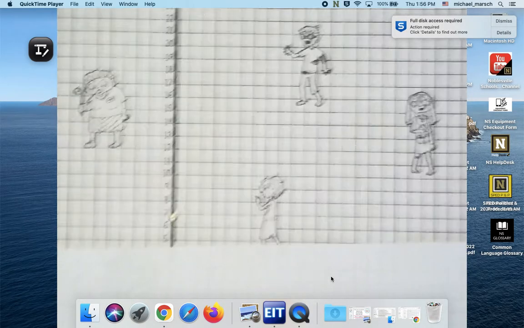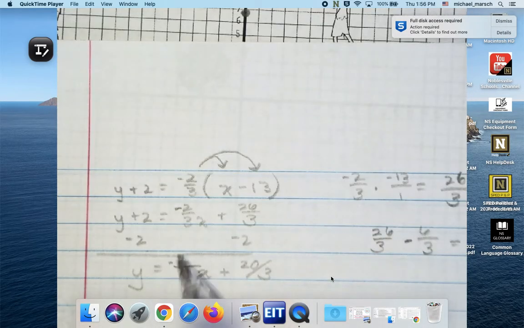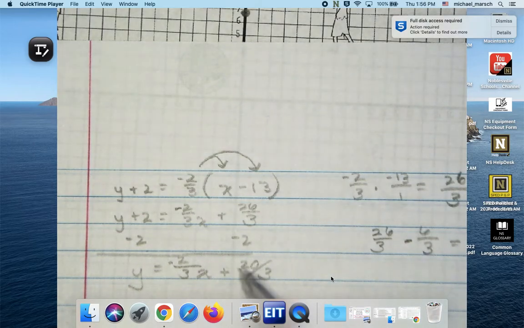Remember, from my equation, this is my slope, this is my y-intercept. I changed this in my head into a mixed number, which would be 6 2/3, because 20 divided by 3 is 6 with 2/3 left over.